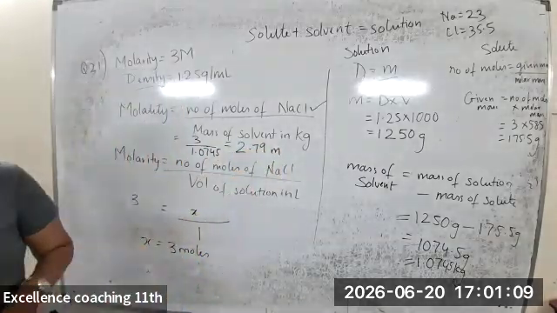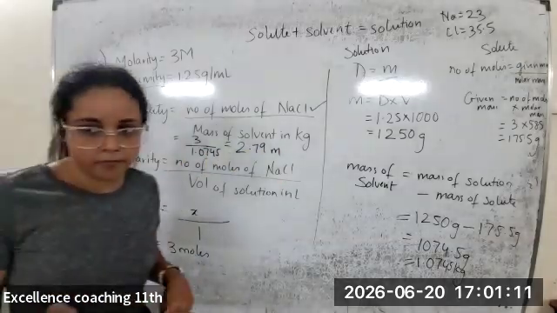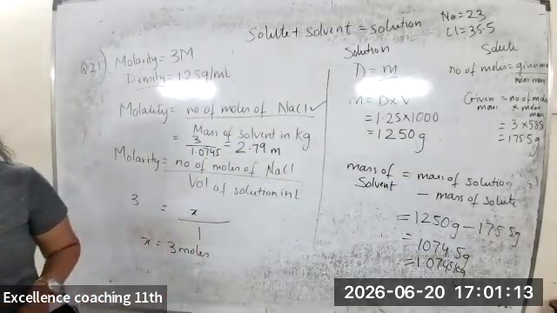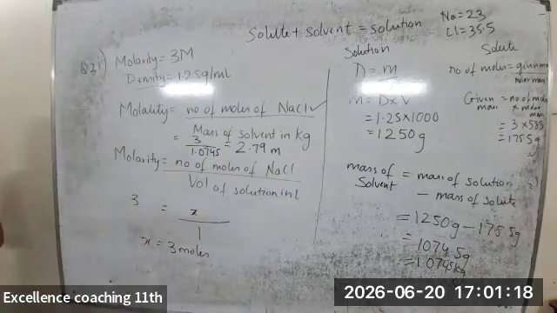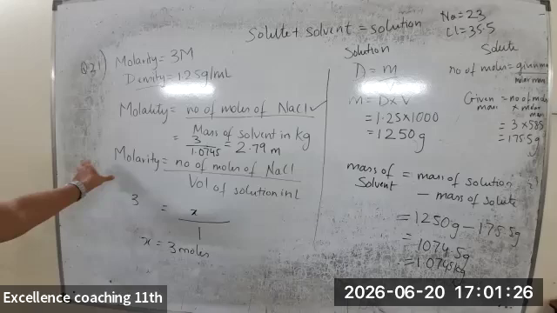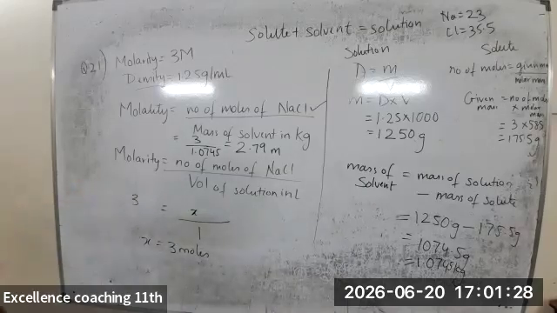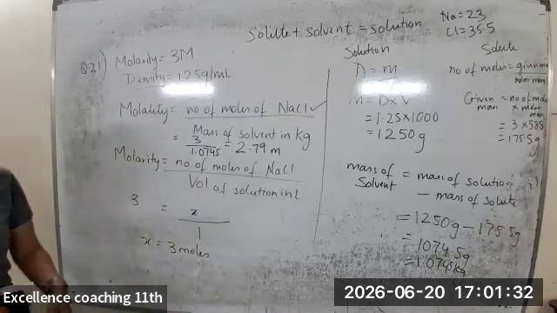Why small m? Molality. Okay. Any doubts? Sure. If you all have understood this and copied, I want you all to solve the 22nd one. I want you all to try this time.